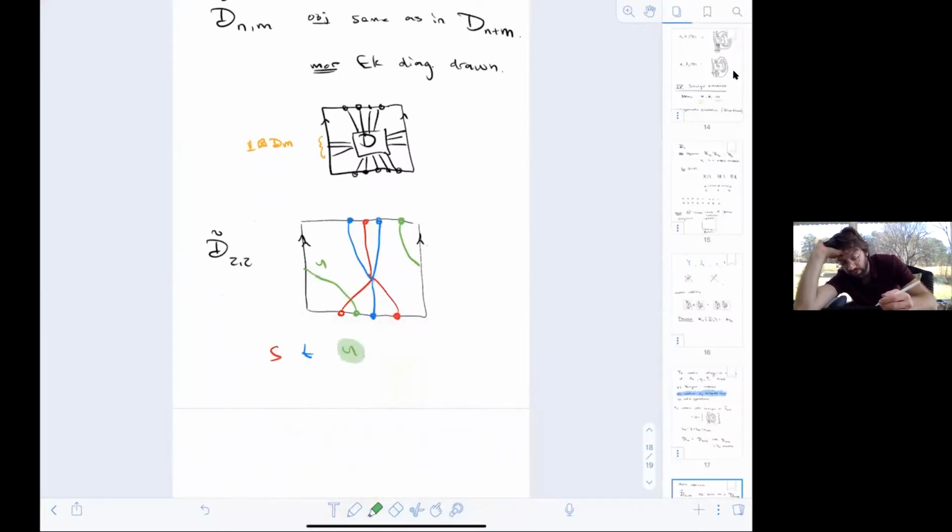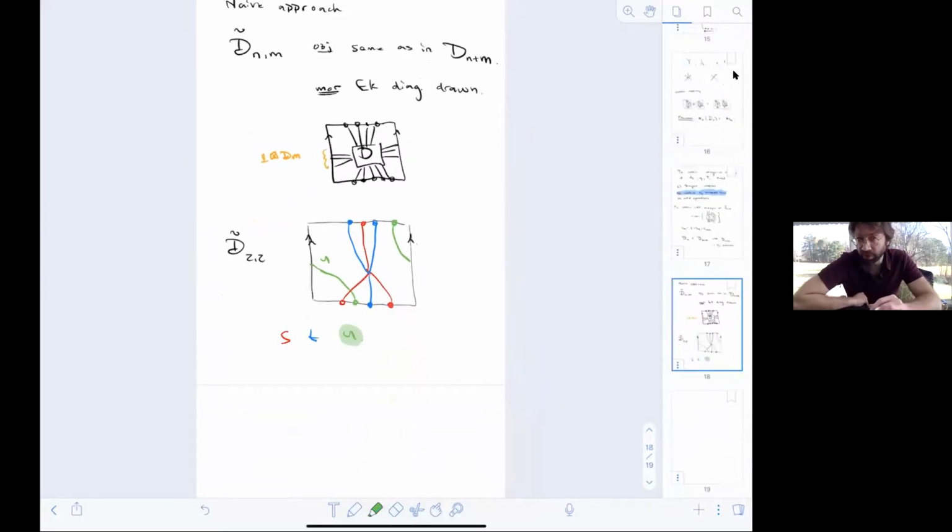So this is how I define the naive version of Hochschild homology. Sorry, this took a little bit longer than I intended.